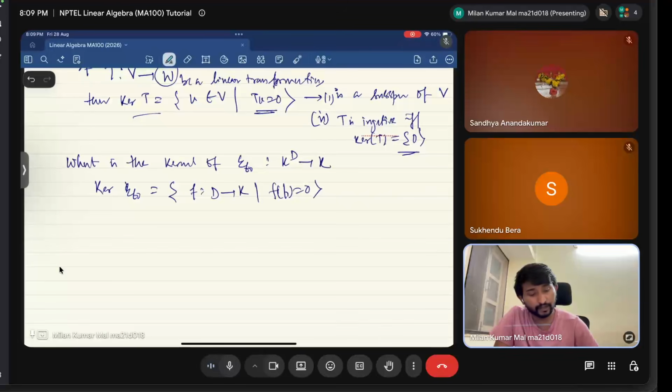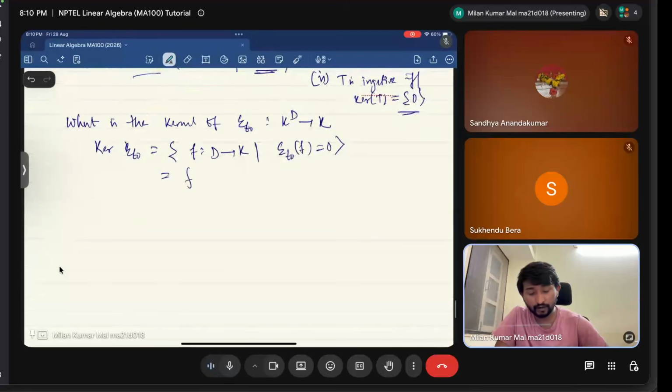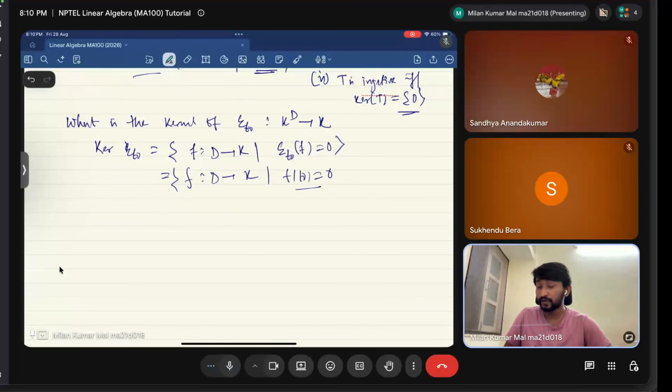That is what it is, right? If I write it more explicitly, epsilon t naught at the point f equals 0, that is nothing but all the functions from D to K for which f of t naught equals 0.